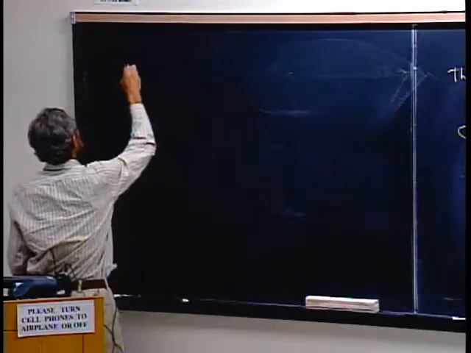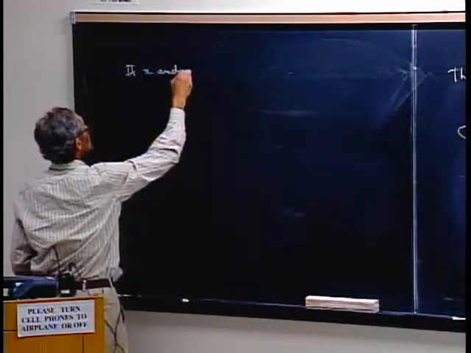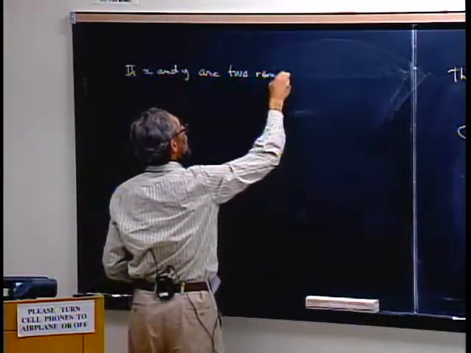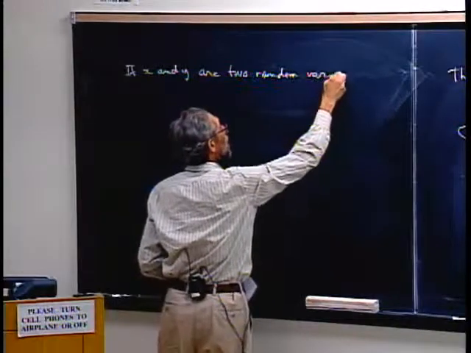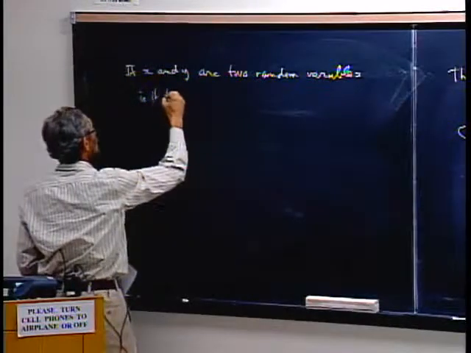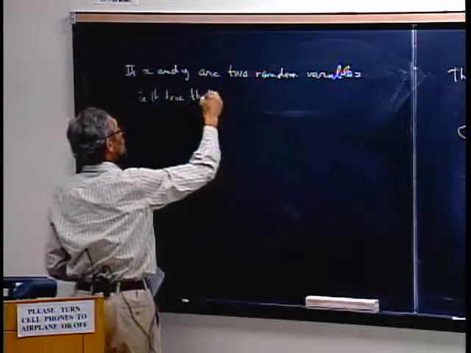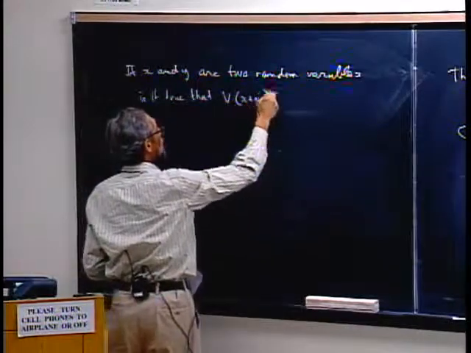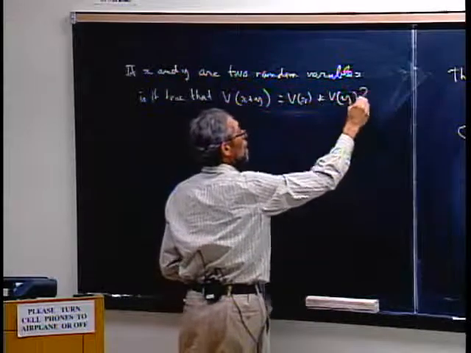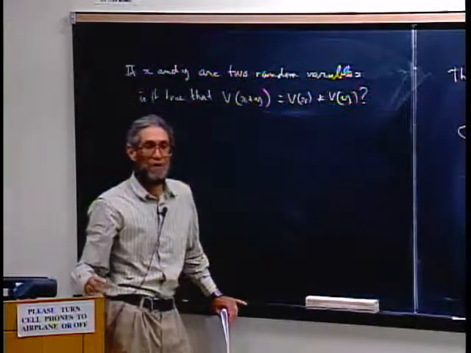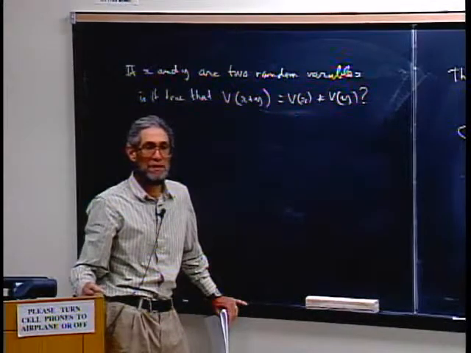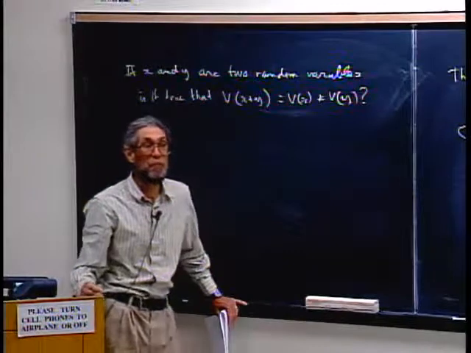So if x and y are two random variables again, is it true that the variance of x plus y equals the variance of x plus the variance of y? What do you think? Let's take a vote. How many people think it is? And how many people think it's not? Okay, so some people know that it's not.